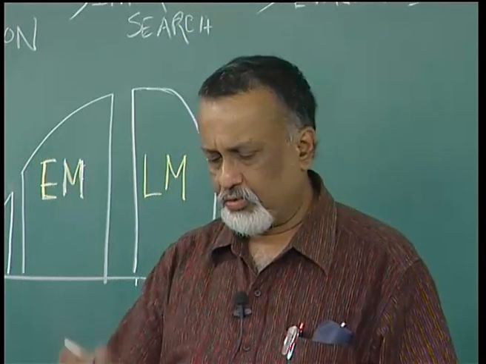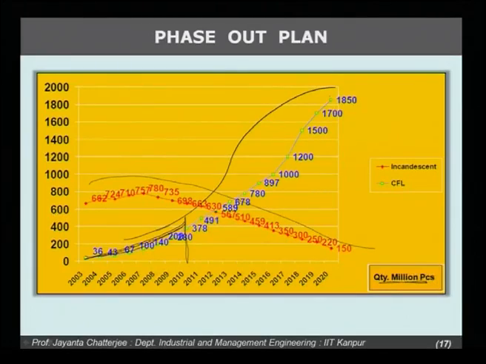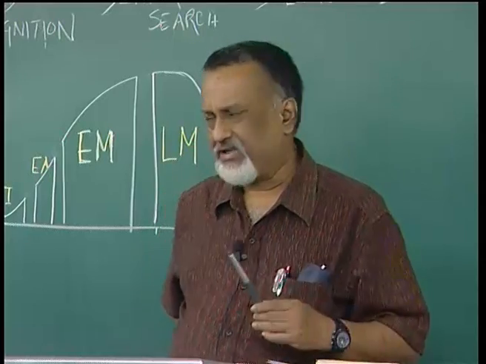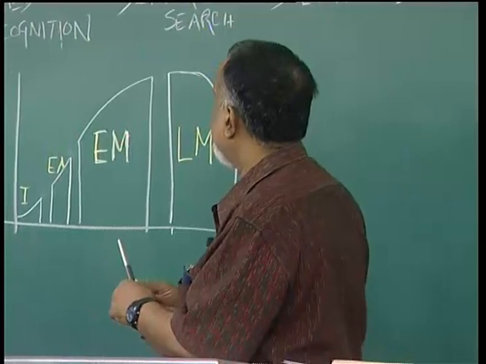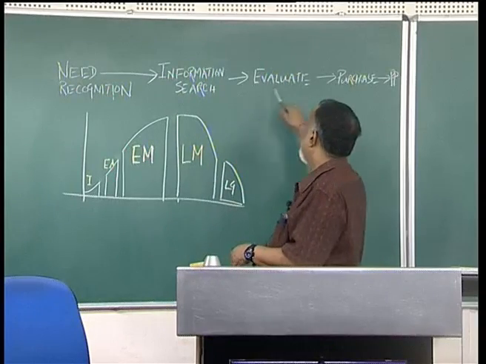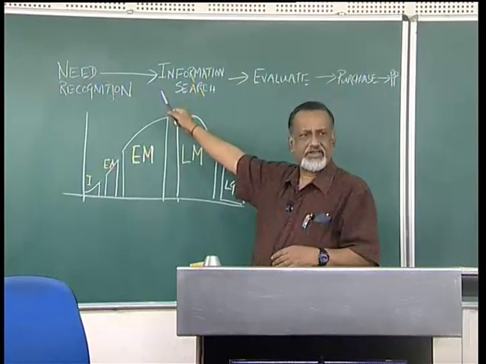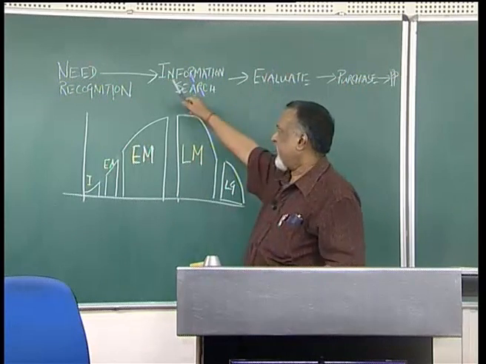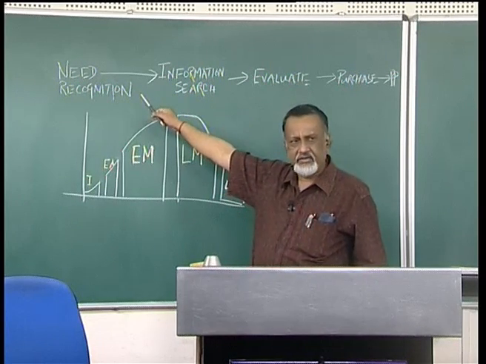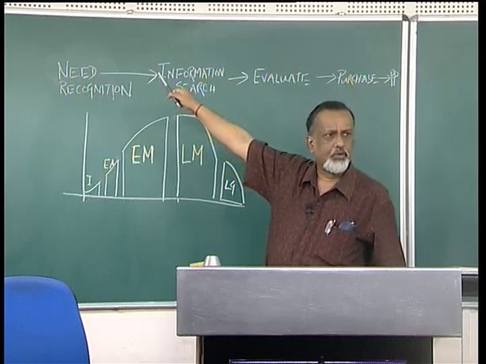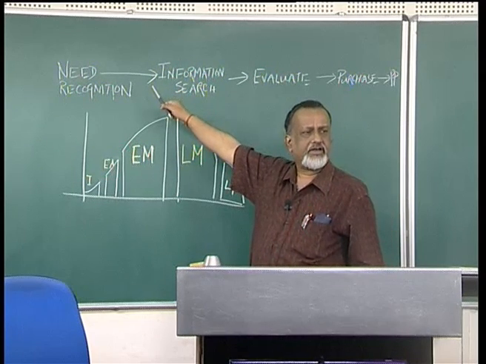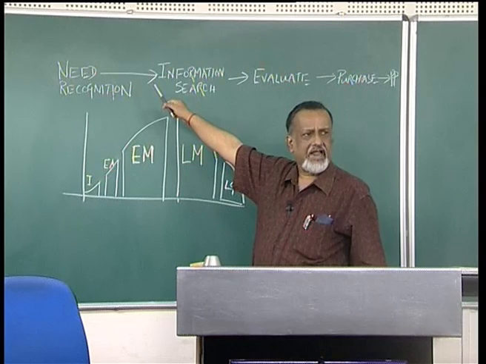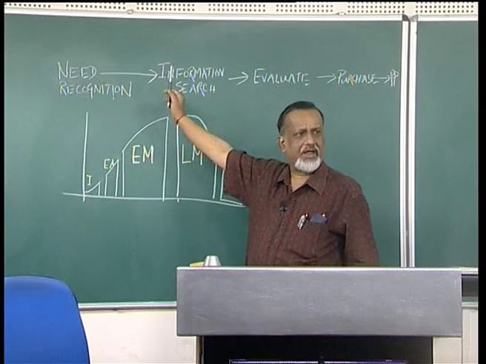But coming back to this discussion, I first have to point out something we have already discussed before: this is the usual buying sequence. The customer recognizes a need to buy a new electric lighting device, an electric bulb.